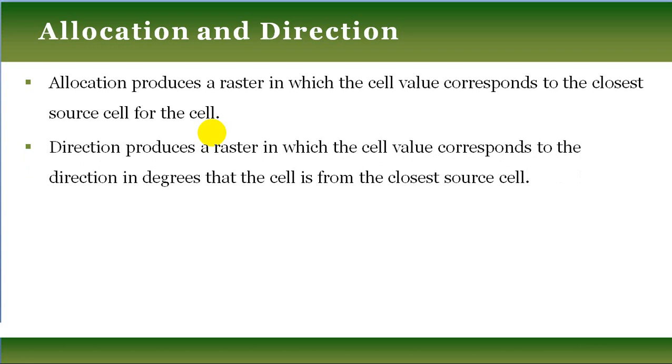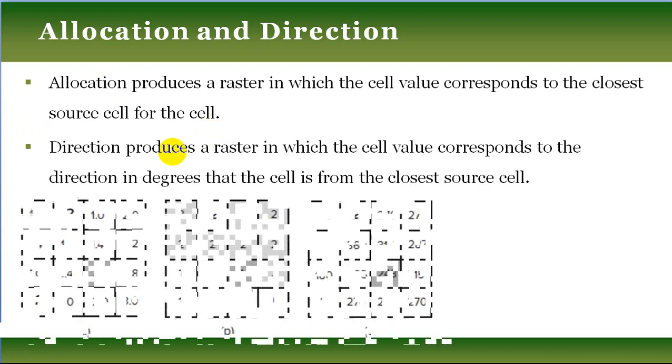Direction produces a raster in which the cell value corresponds to the direction in degrees that the cell is from the closest source cell. These two are very important points.